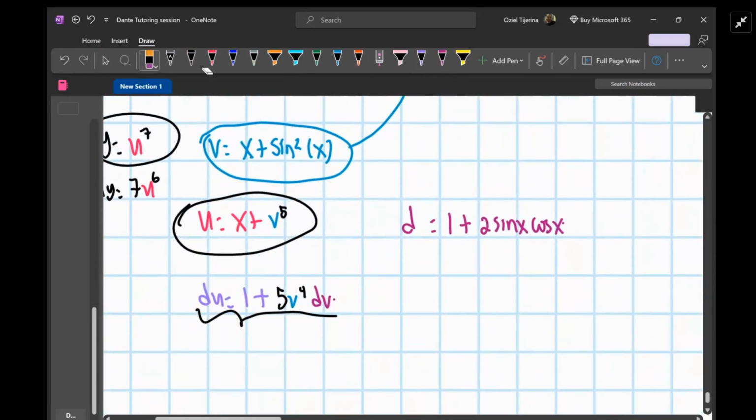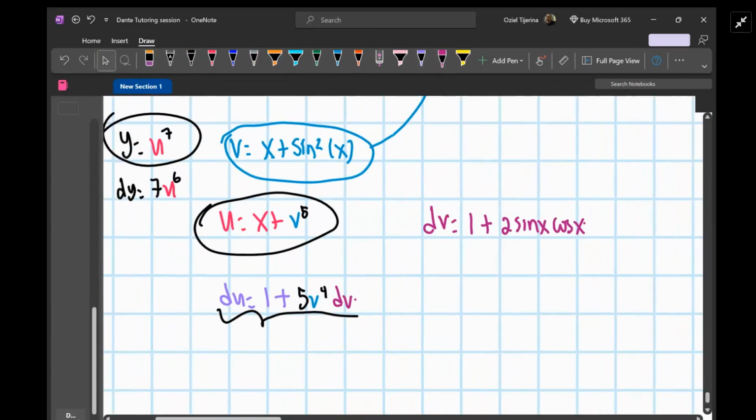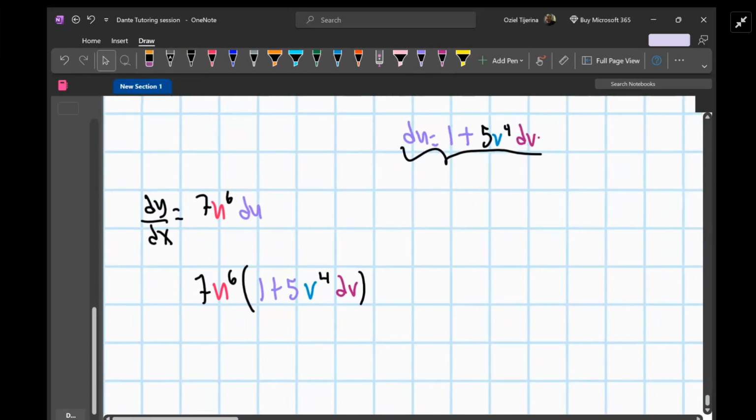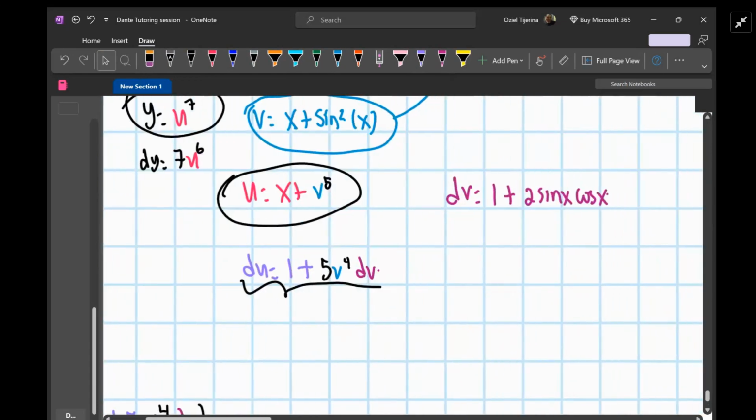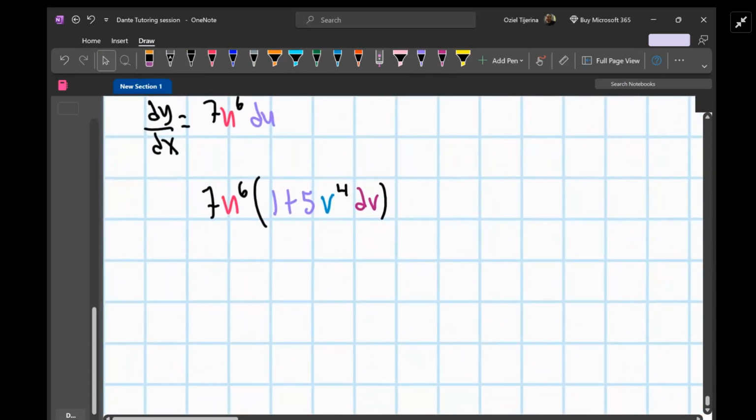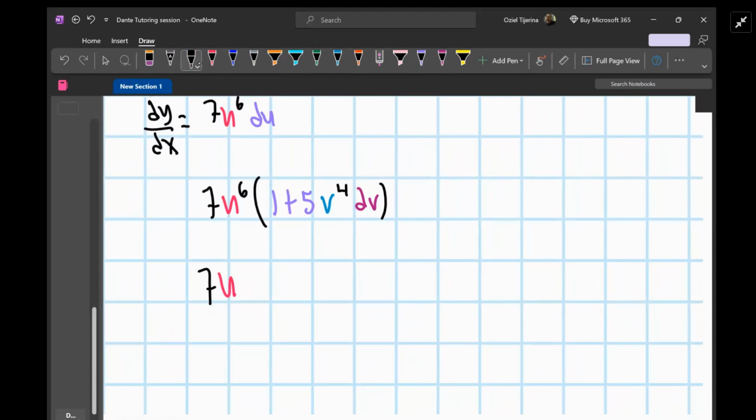I'm sorry, this should be dv like this. The derivative of v was 1 plus 2 sine x cosine x. So it's 7u to the 6th times 1 plus 5 v to the 4th.